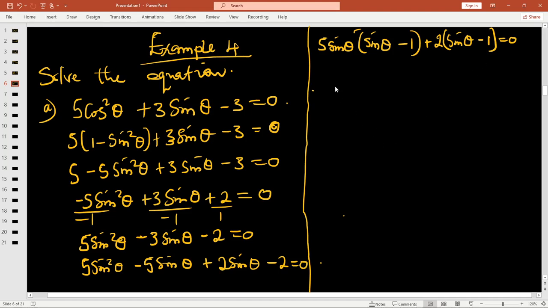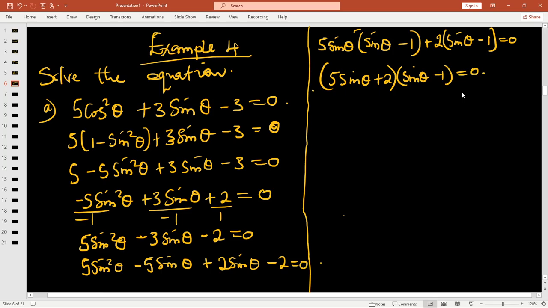So then we put the terms together, we're going to have 5 sine theta plus 2 and also sine theta minus 1 equal to 0.